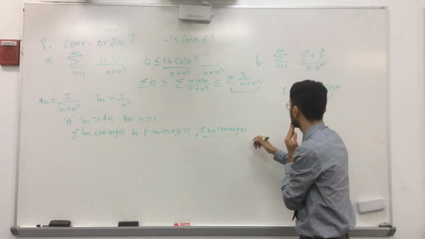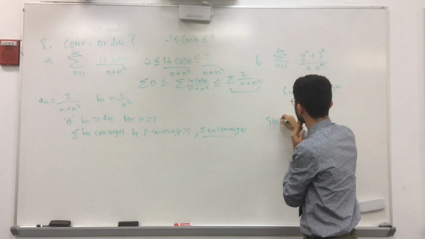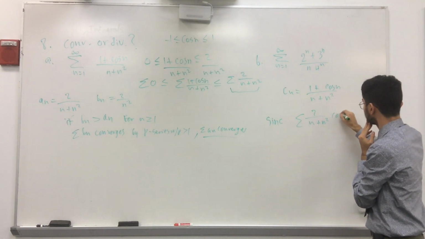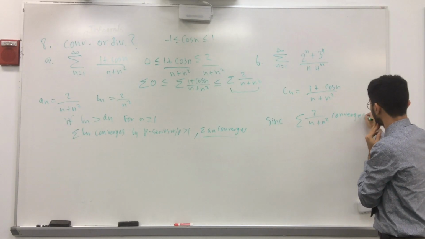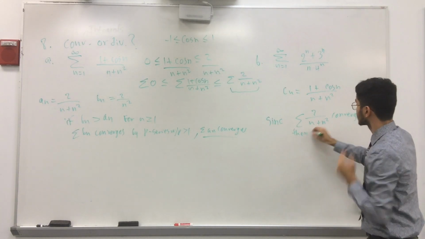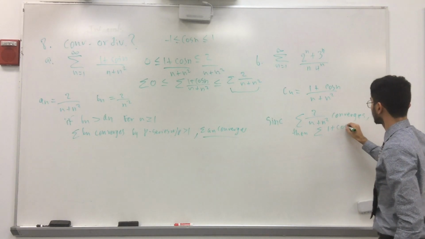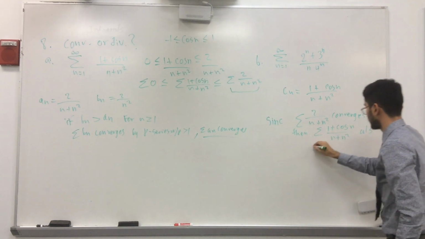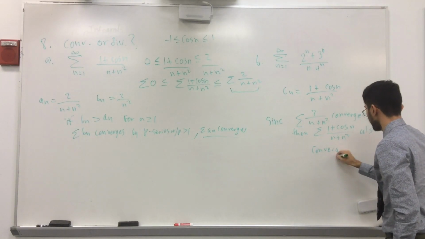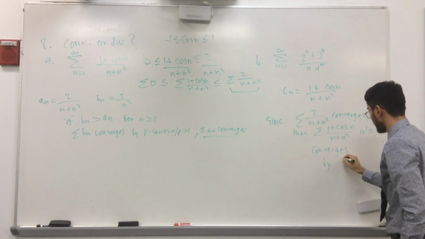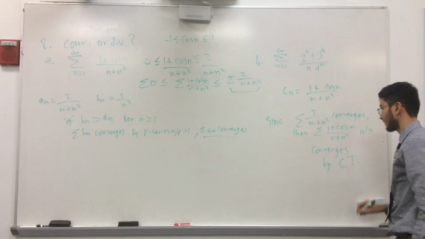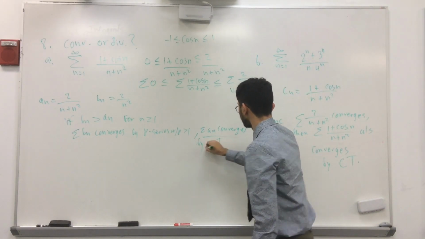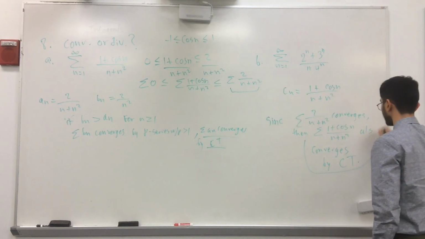So since the sum of 2 over (n plus n squared) converges, then the sum of (1 plus cosine of n) divided by (n plus n squared) also converges by the comparison test. And this also converges by the comparison test. But of course, the most important part is over here, so this will be the answer.